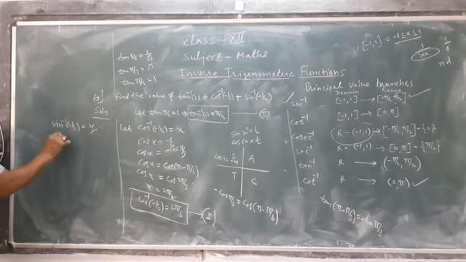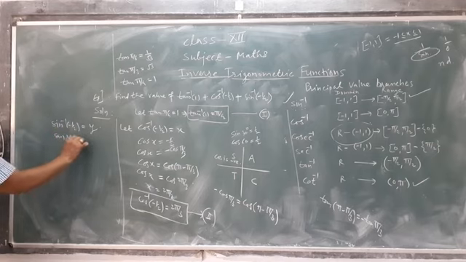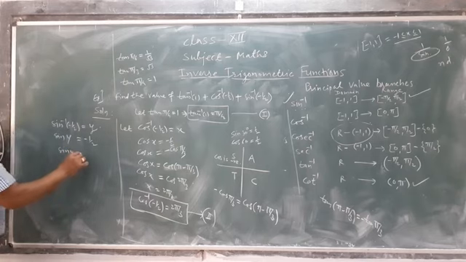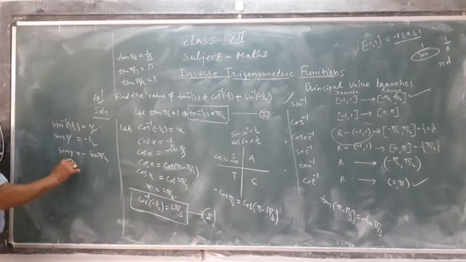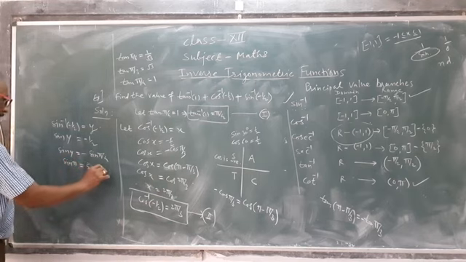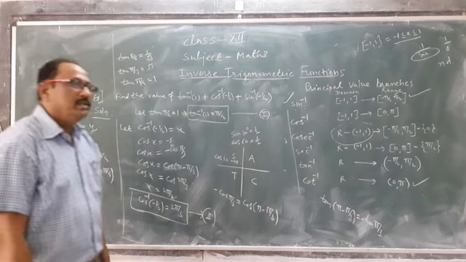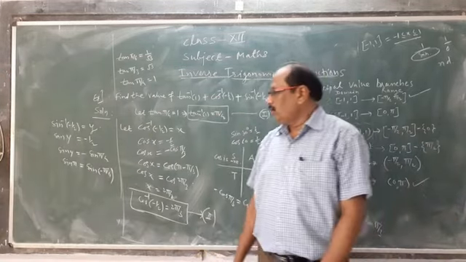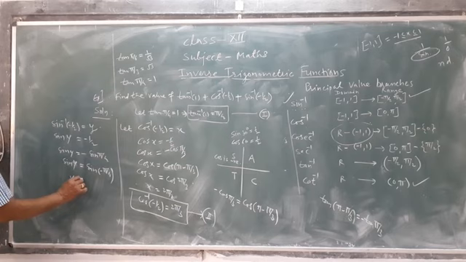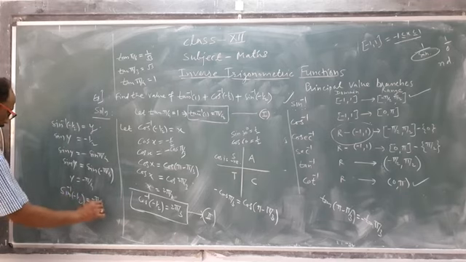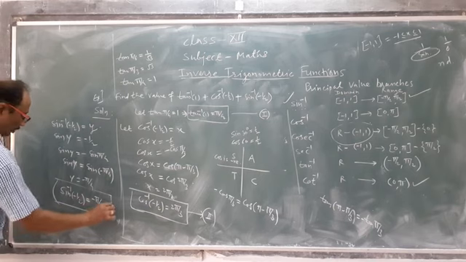Therefore, sin y is equal to minus 1 by 2, means sin y is equal to minus sin pi by 6, that is sin of minus pi by 6. Therefore, y is equal to minus pi by 6. So sin inverse of minus 1 by 2 is equal to minus pi by 6. This is equation number 4.